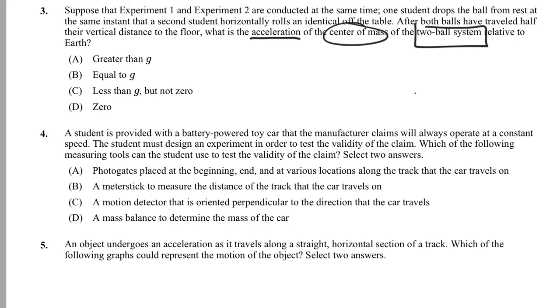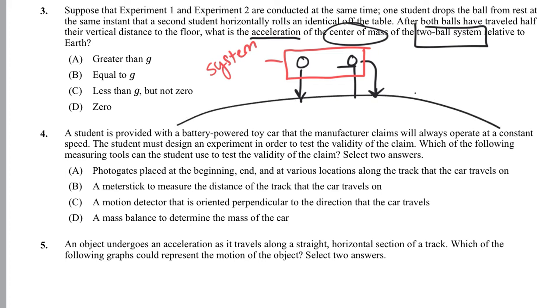So our system is going to be one ball being dropped from rest and another ball being rolled off the table. Essentially, these two balls are going to be one system. So this red square is going to be one system. What's not included in our system is going to be Earth.